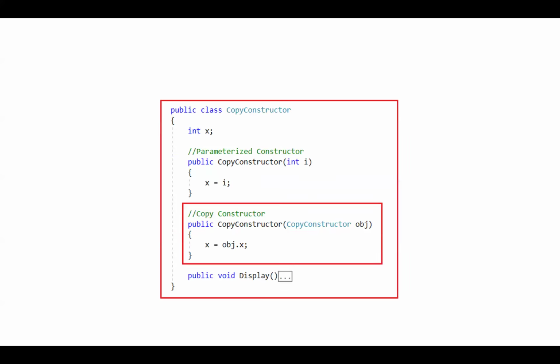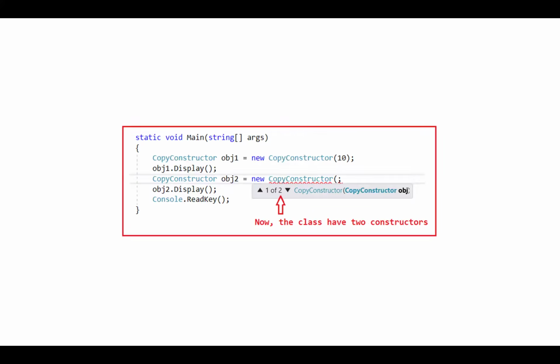And what is the result? For example, we have the following constructor, and as a parameter we provide this one, and as a result we will see two constructors like on the screen: constructor into constructor. One constructor takes an int as a parameter, and the other constructor takes a copy constructor type, a complex type, as a parameter.